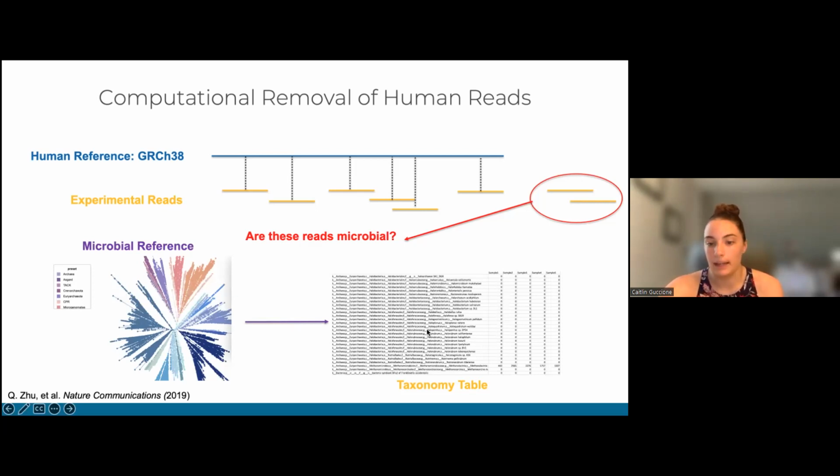And from that, we get a taxonomy table, which is basically our sample. So sample 1, sample 2, and each of these things here to the left is a unique microbial species with just a count of, okay, we found 2 H. pylori in sample 1. We found 4 H. pylori in sample 2. And we'll zoom into this a little bit later. I know it's a little bit hard to see here.